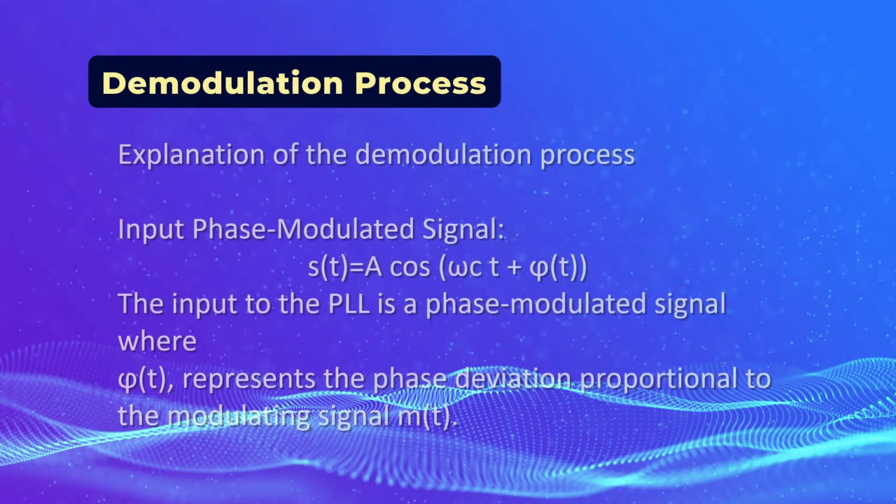A signal whose phase is locked to the phase of the incoming signal is produced at the output. Now, if you try to understand the demodulation process, the input is the phase modulated signal, which is s of t equals Ac cos omega c t plus phi of t. The input to the PLL is a phase modulated signal where phi of t represents the phase deviation proportional to the modulating signal m of t.